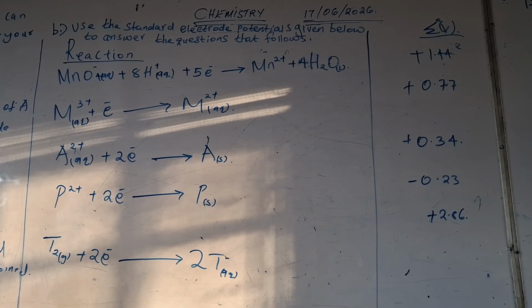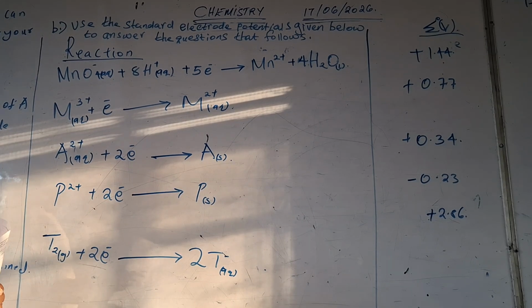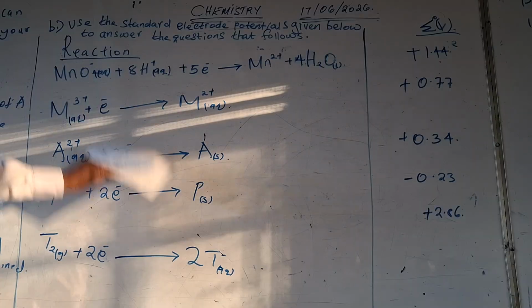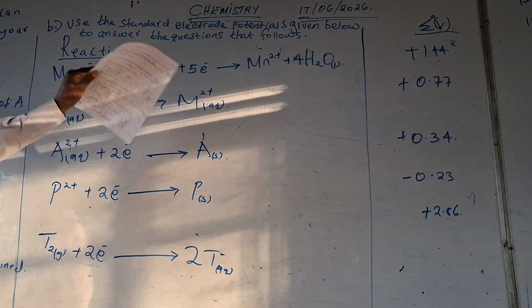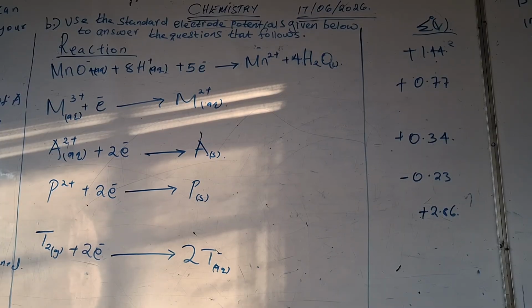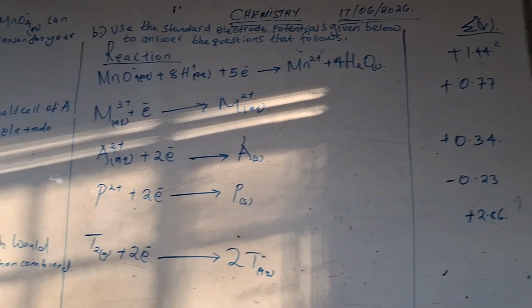Are we together? Yes. Because last time we said reduction is gain of electrons. So all these are a measure of the tendency of an electrode to gain electrons. Are we together? Yes. Now we move to the first question.